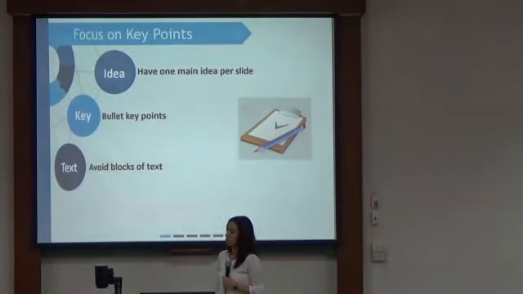So, focusing on key points, how will we do it? First of all, in each slide you have to put one idea. Okay. You don't need to put all the key points into one slide. Put some key points, and please avoid blocks of text. My students always do it.